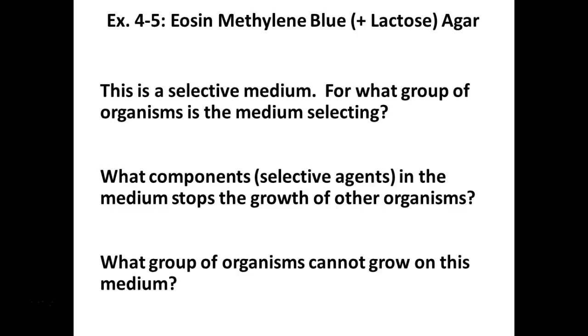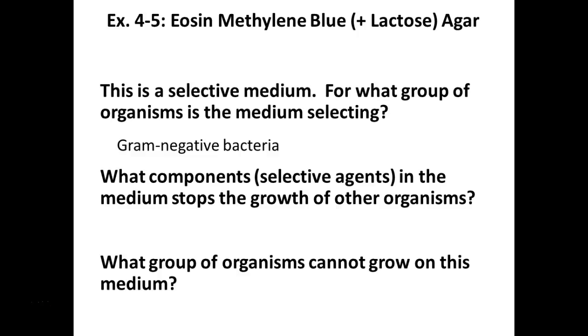What group of organisms are we selecting for with this media? Gram-negative. So if you have growth, right, this confirms yours is a gram-negative, on these purplish plates. Right? Yeah, because yours is gram-positive. So what's selective? What stops the growth of gram-positives on these plates?